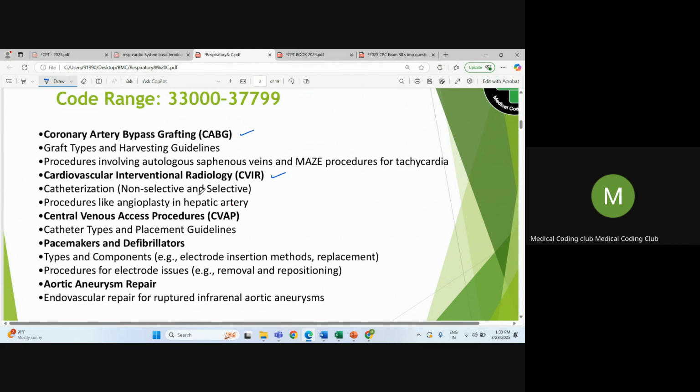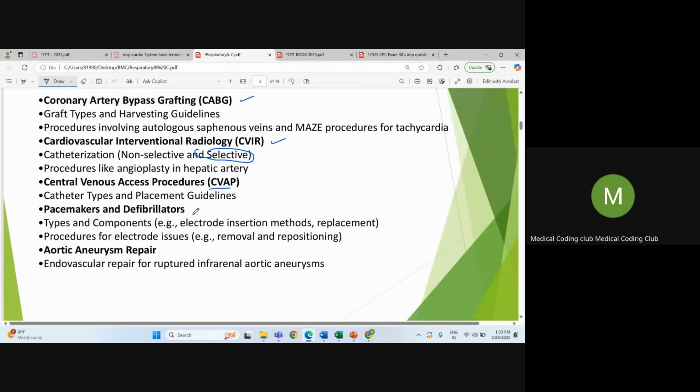In that, non-selective catheterization and selective catheterization are important, and mainly selective catheterization is very important. Then the CVAP procedure, that is central venous access procedure, and then pacemaker and defibrillator.